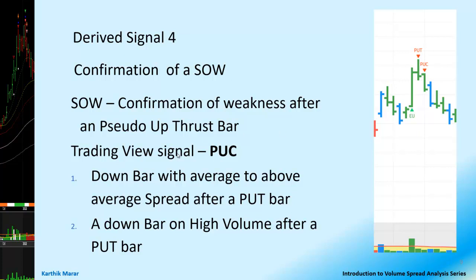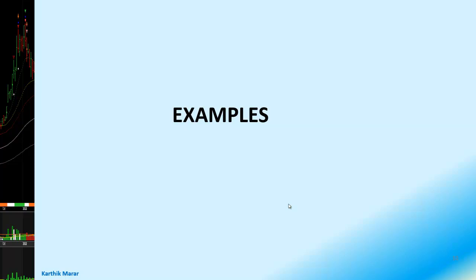In trading view, the signal is shown as PUC, pseudo upthrust bar confirmation. The conditions are it should be a down bar with average to above average spread after a pseudo upthrust bar, or it's a down bar on high volume after a pseudo upthrust bar. Now let's look at some examples.